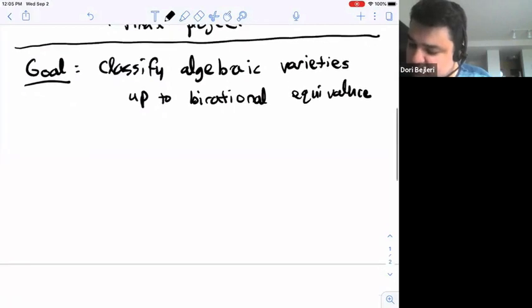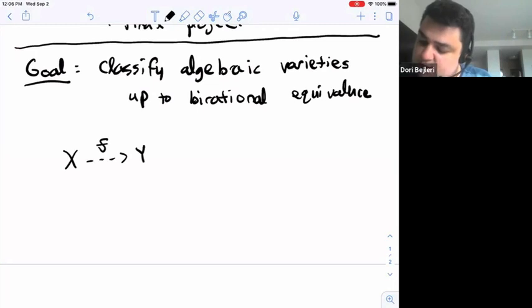So just to recall, a birational equivalence or a birational map is some rational map X to Y, rational meaning it's only defined on some open subset, between varieties where there exist a U and a V that are open and dense, on which this is a morphism, but it's not just a morphism, it's also an isomorphism.